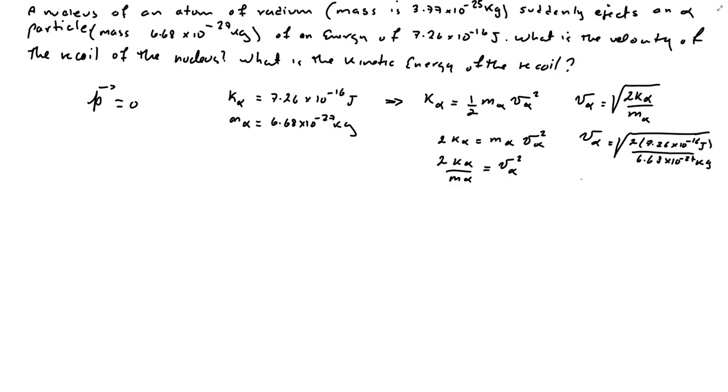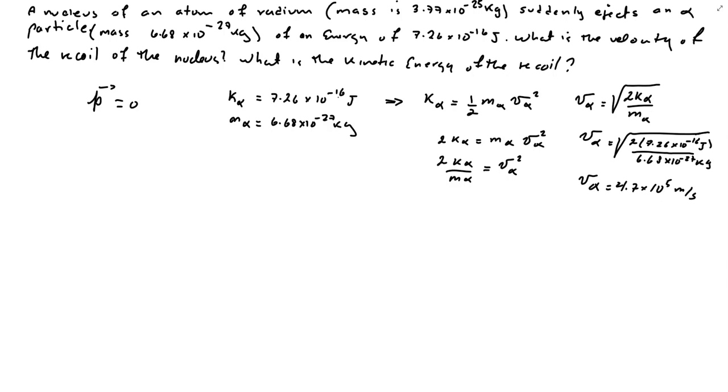If we perform those calculations, we're going to find that the velocity of the alpha particle will be 4.7 times 10 to the power of 5 meters per second.